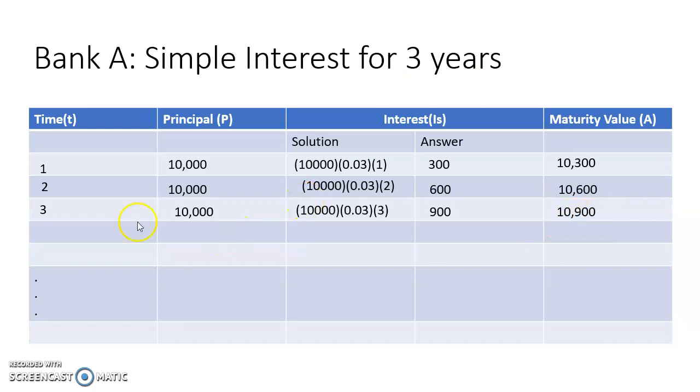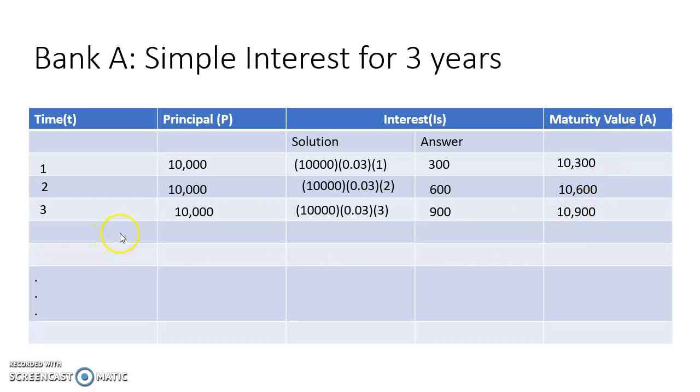Now, I would like to continue this up to 5 years so that we can compare the maturity value for 5 years between simple interest and compound interest. So for 3 years, Bank A will have a maturity value of 10,900.